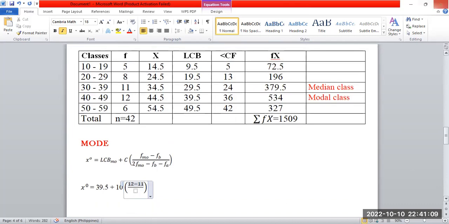And then for the lower part, so we have competency 2, 2, tapos times the FMO. FMO, parehas lang siya kanina doon sa taas. The frequency of the modal class.